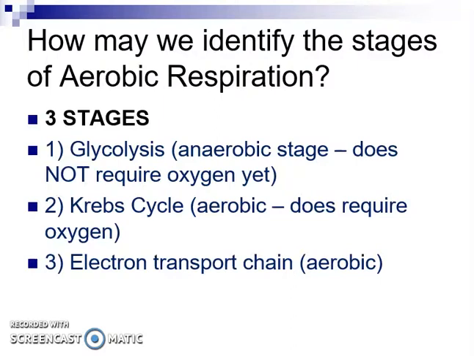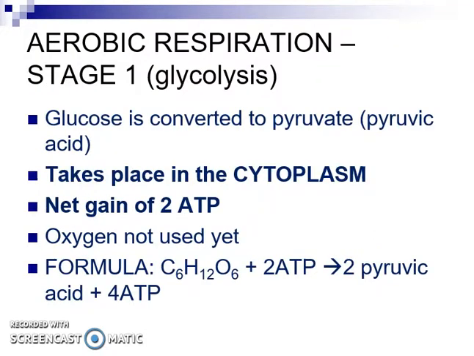And then there's the Krebs cycle, which is where oxygen comes into play, and then the electron transport chain, which is actually where most of the ATP is made at the end of aerobic respiration. But let's focus on glycolysis first.